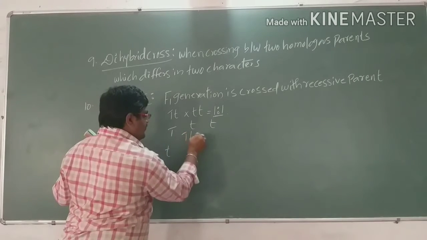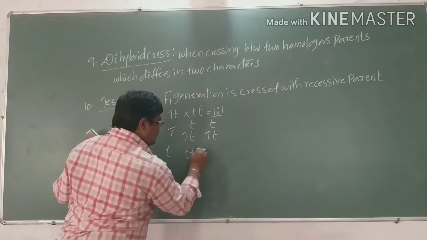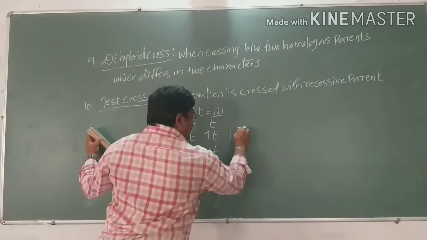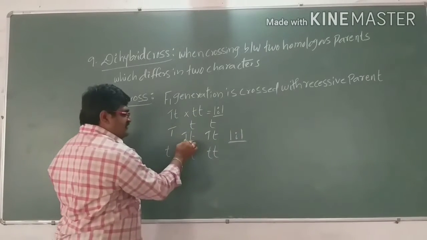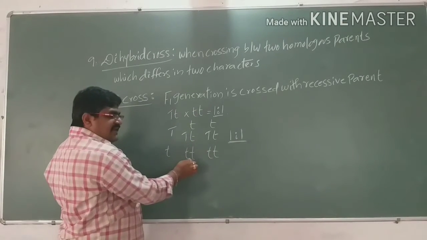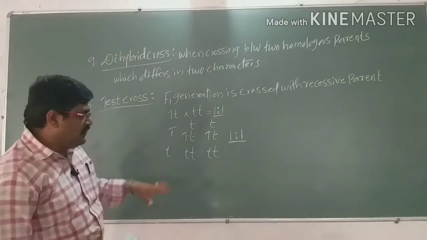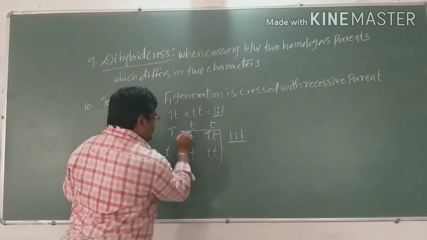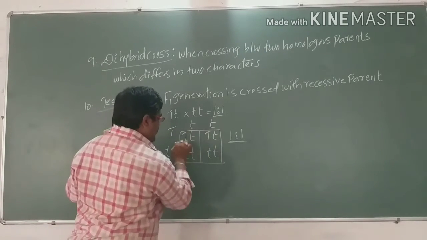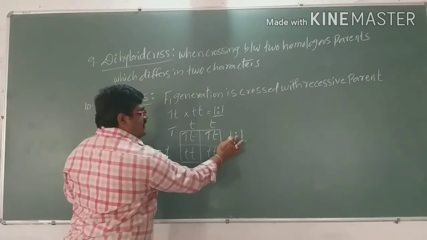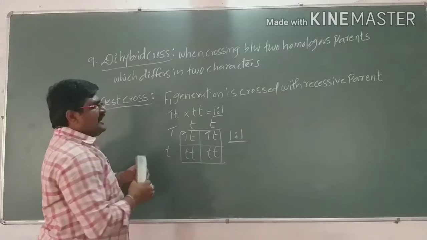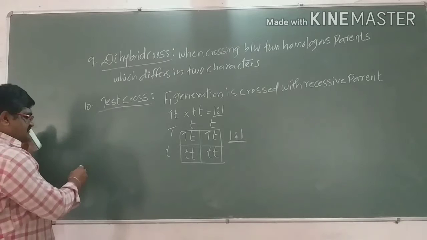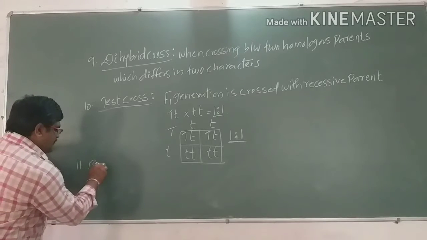The genotypic ratio is 1:1, that is, one heterozygous tall and one homozygous recessive, so we are getting four characters in a 1:1 ratio, where it is crossed with a recessive parent. And the last one is the back cross.